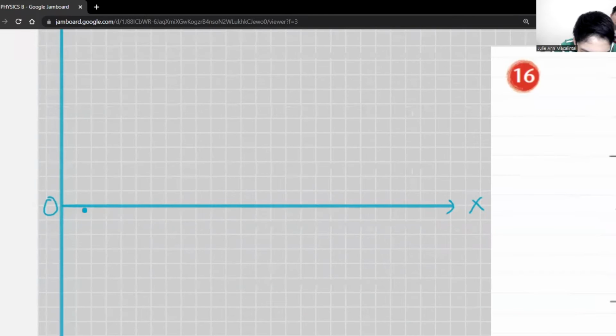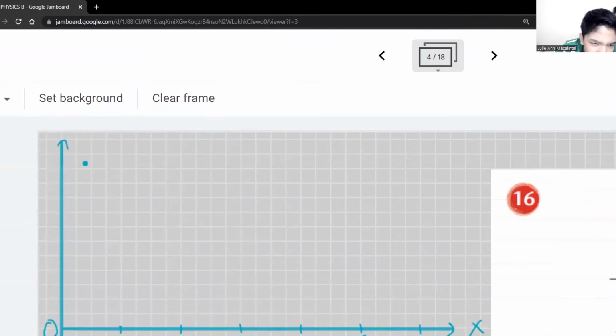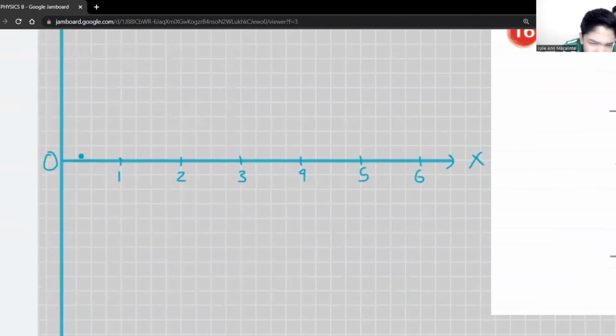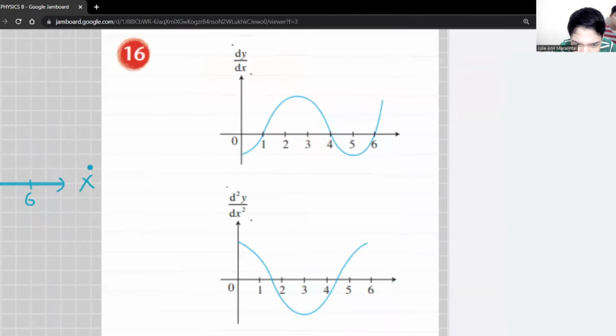1, 2, 3, 4, 5, 6. That's too small. Again, 1, 2, 3, 4, 5, 6. Perfect. For y, what's the maximum?